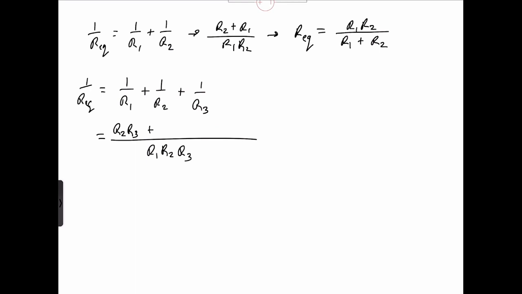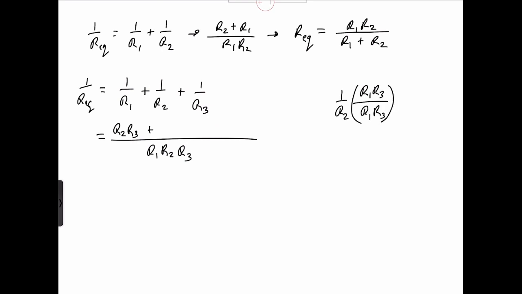So, let's put it out here. 1 over R2, you multiply that by R1 R3 over R1 R3.